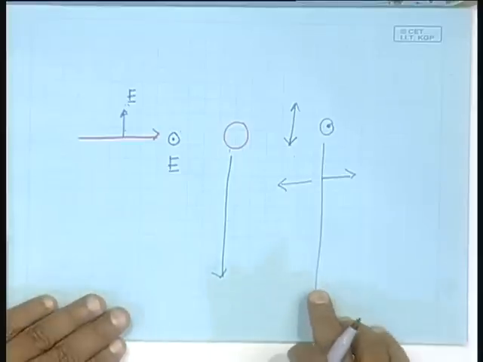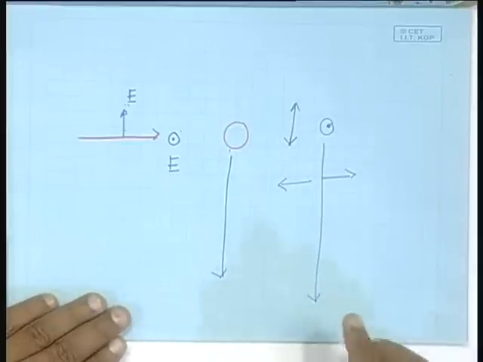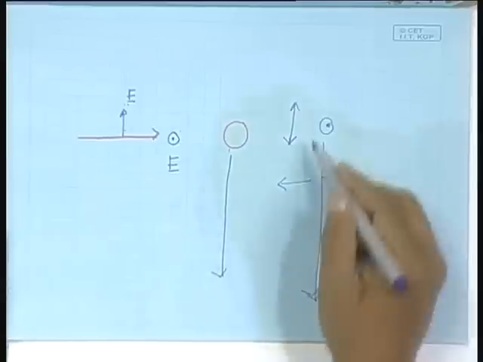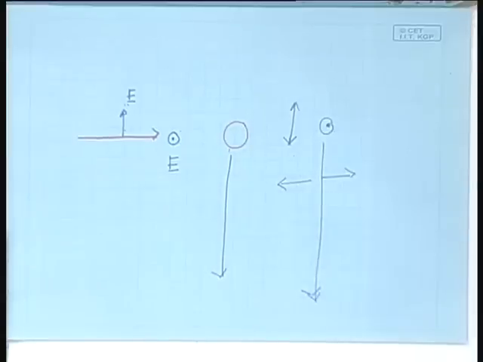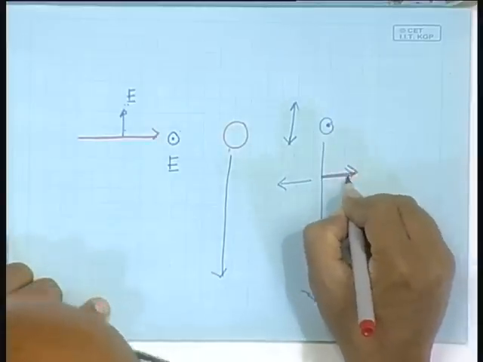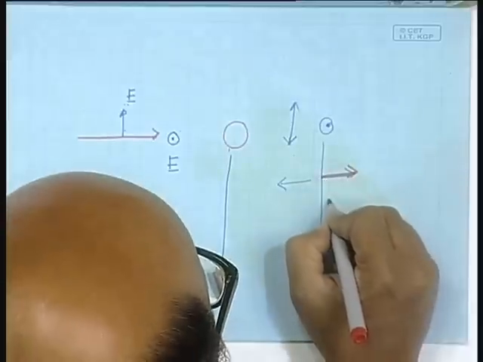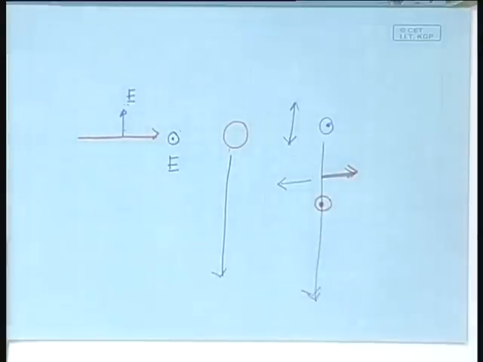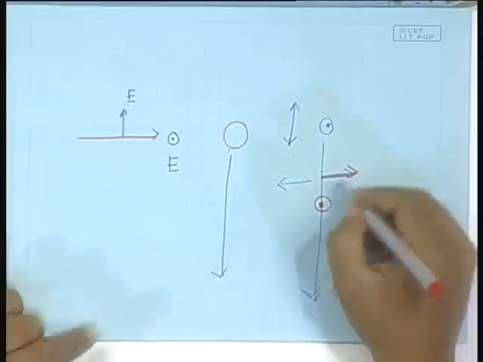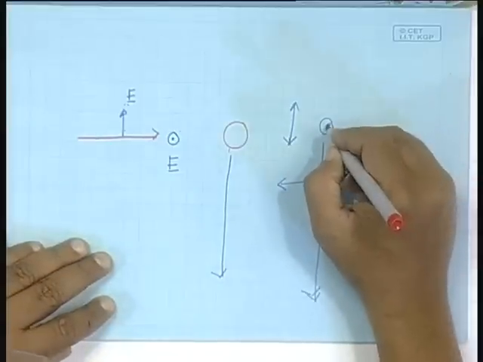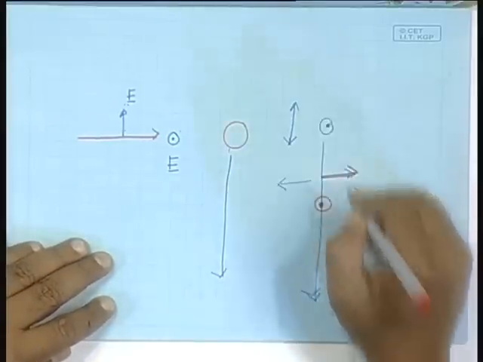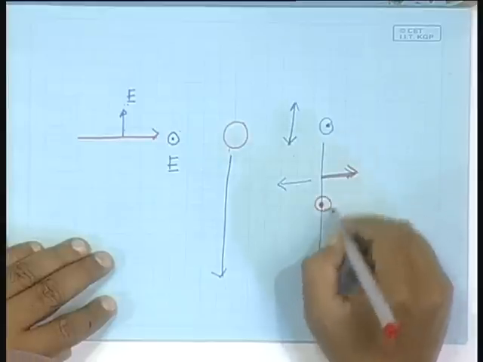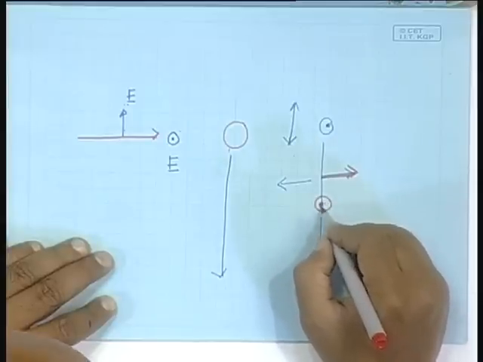Now, if you ask the question, what are the two possible states of polarization for radiation travelling in this direction? You could have the electric field oscillating like this, or the electric field could be oscillating perpendicular like this. Sorry, no. If the dipole oscillates up and down in this page, it is going to produce an electric field which is also oscillating up and down.